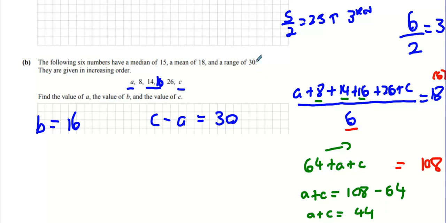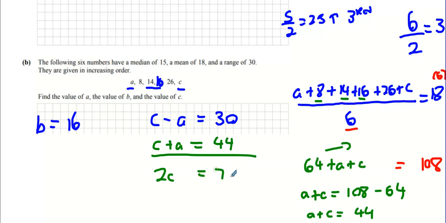Okay, now we have 2 simultaneous equations. Please remember a plus c is the same thing as c plus a. So we have our 2 simultaneous equations here. Then we can add downwards. And we find out that 2c equals 74. And when you divide 74 by 2, this implies that c equals 37.